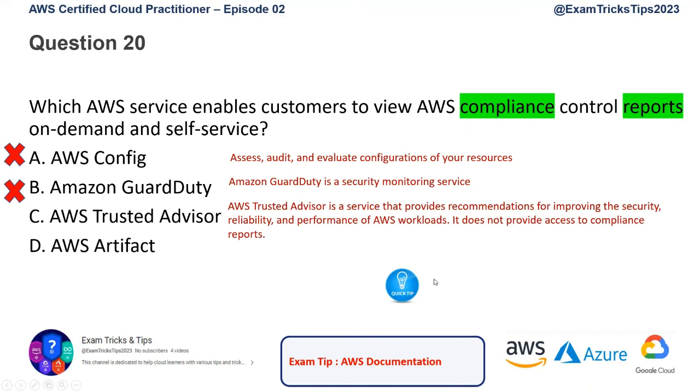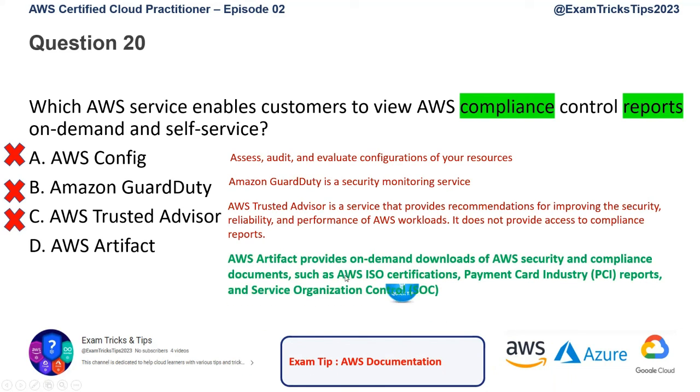Trusted Advisor is a service that provides recommendations. Based on whatever workload you're running, it would look at all the aspects and provide a recommendation of what you should do related to security, compliance, etc. But it won't provide you any reports for your reference. That leaves us with the last option.